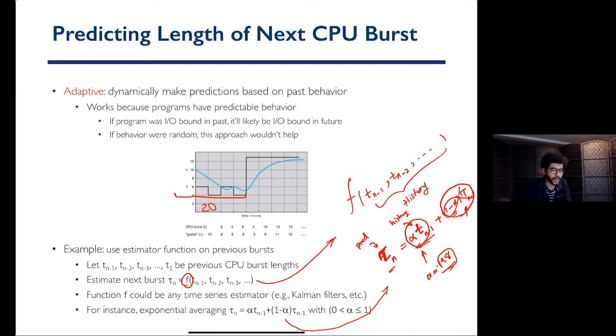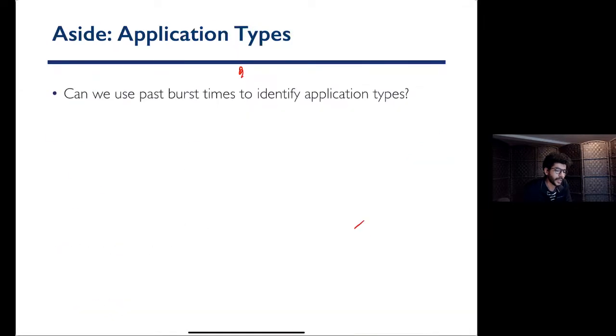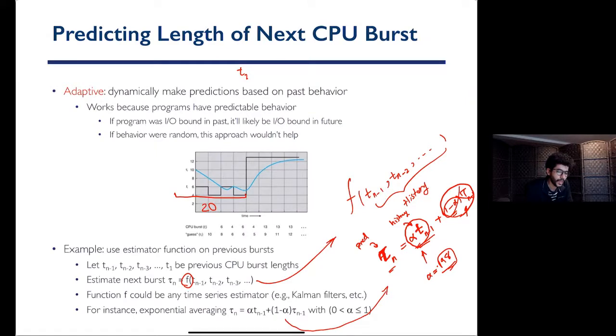I can write it down for you. Let's say you're at time 20. Tau 20 becomes 0.98 T19 plus 0.02 times tau 19.